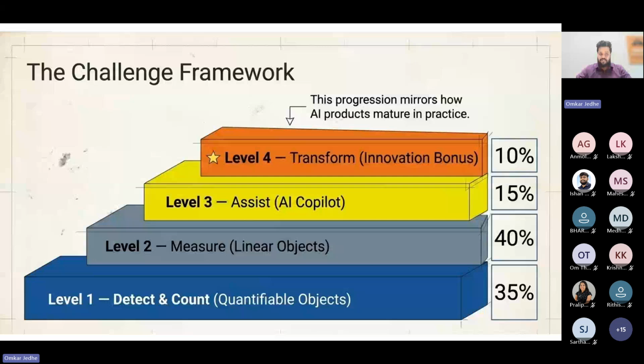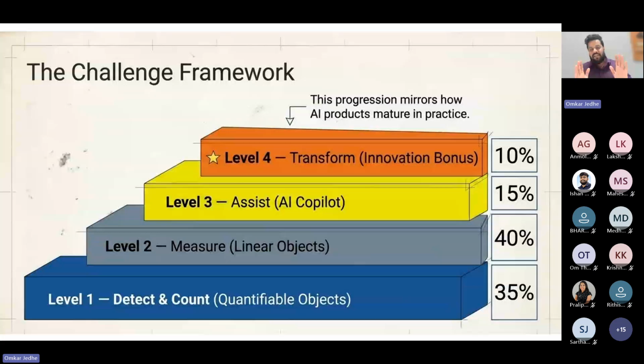So level one is to detect and count objects. As we saw in the drawings, and we'll see ahead, we have to detect the objects, count them, and make it more quantifiable. 35% of the total weightage lies in level one because it really needs major research, the level of effort put into it, and a very good technical depth that we really need to go into.